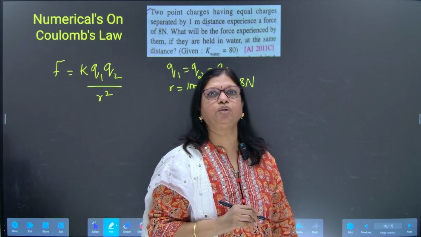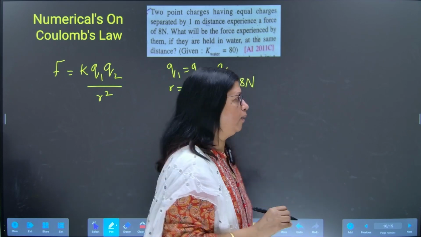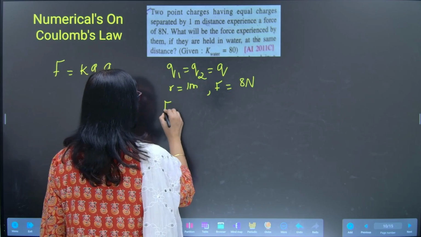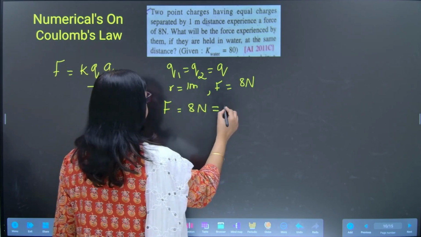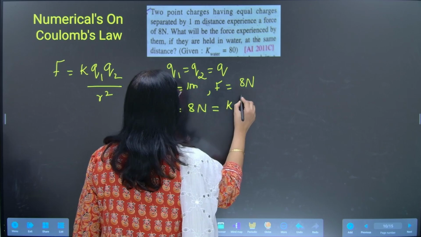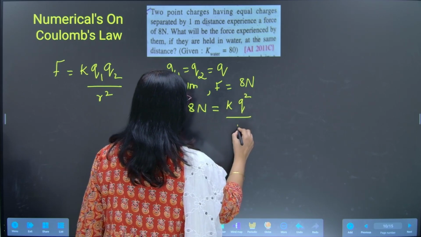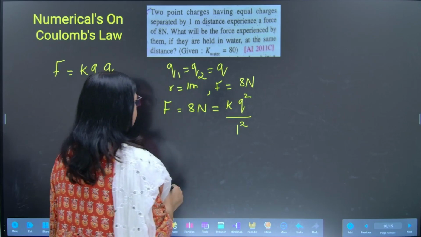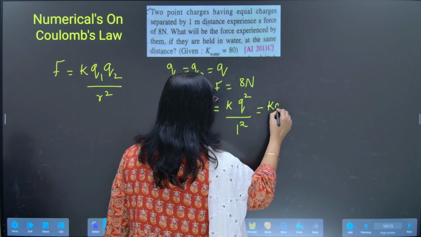Now let us substitute these values in the given formula of Coulomb's law. Therefore, F is equal to KQ square.